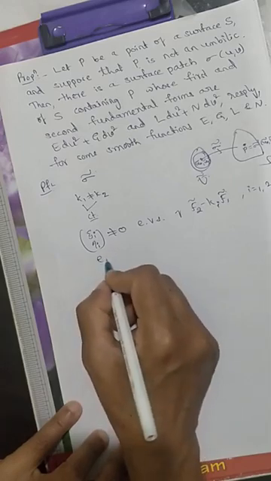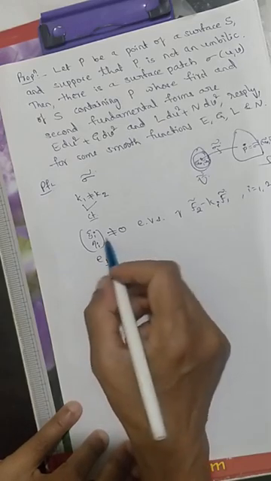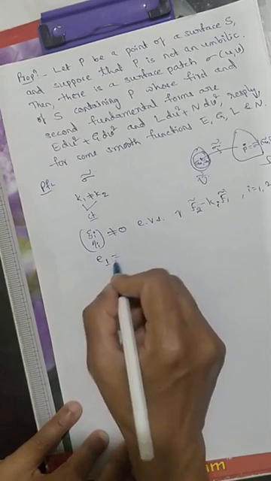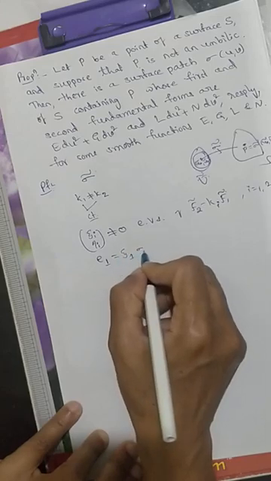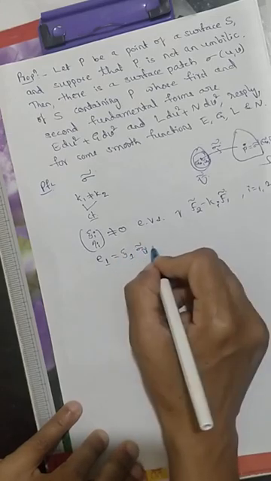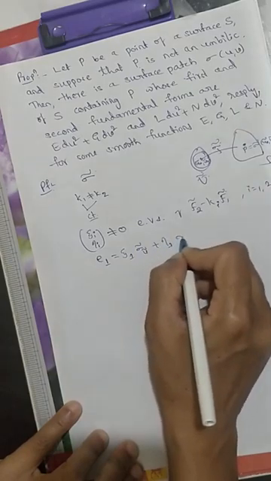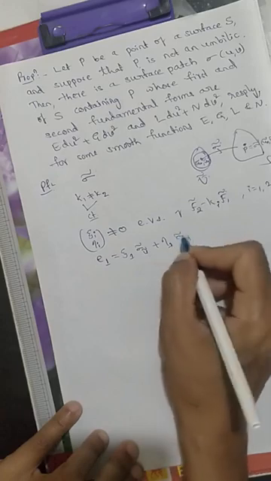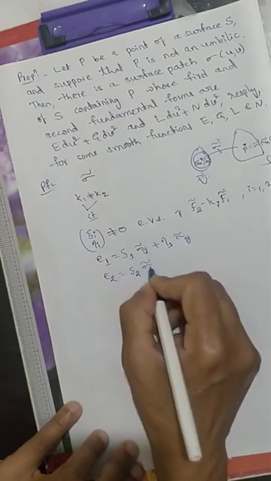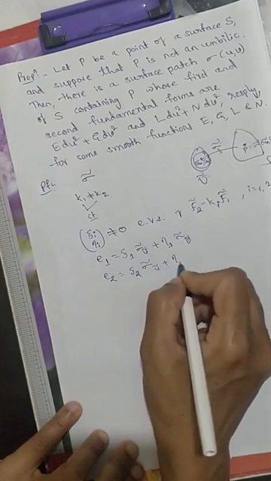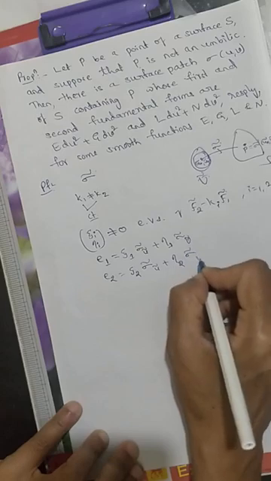The principal vectors corresponding to k1 and k2 are given by e1, that is xi1 sigma tilde u tilde plus eta1 sigma tilde v tilde, and e2, xi2 sigma tilde u tilde plus eta2 sigma tilde v tilde.